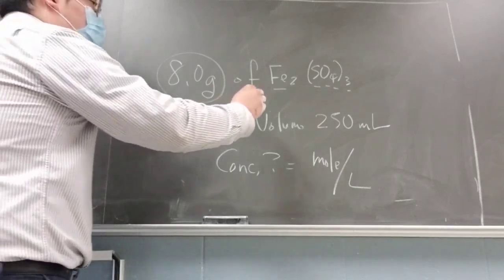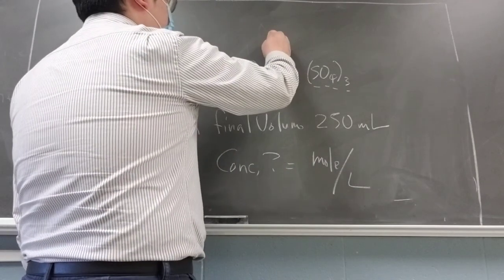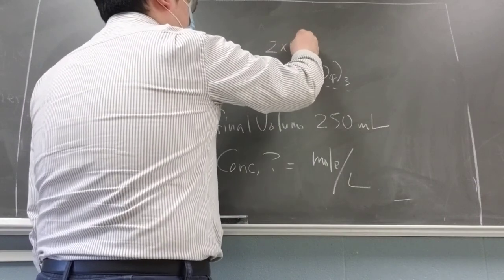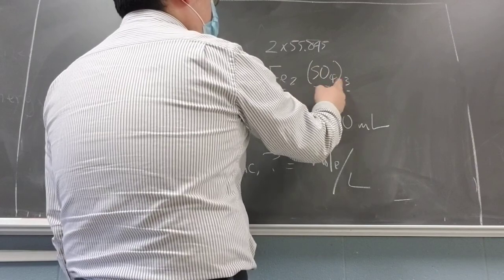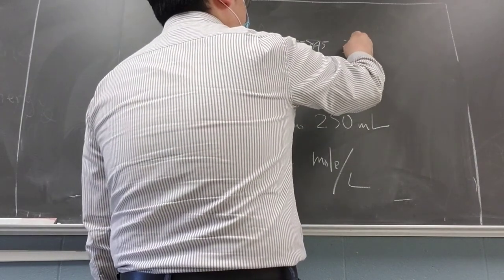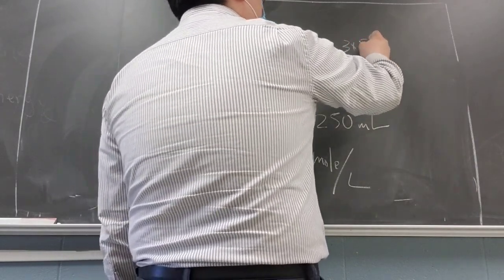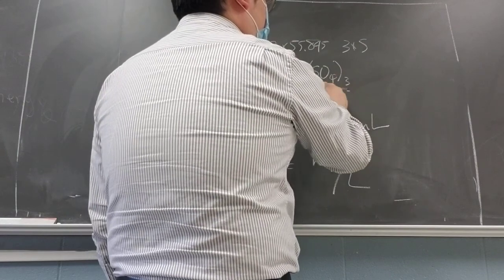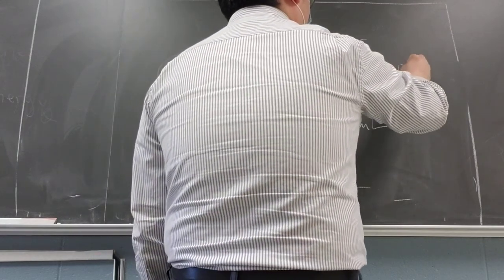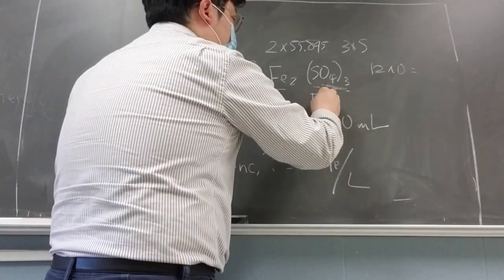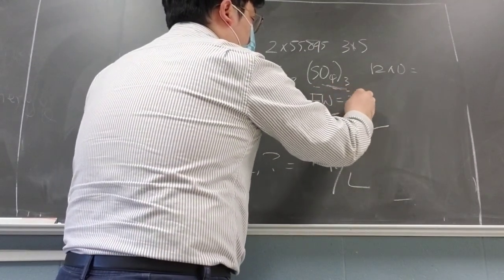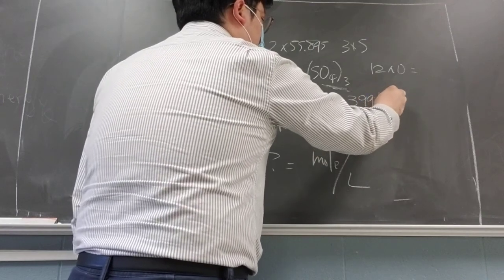Look at this one over here. We have 2 iron, right? Then you have 3 sulfur, 32, and you have 12 oxygen over there. If you do that all, you'll get the formula weight is equal to 399.88 grams per mole.